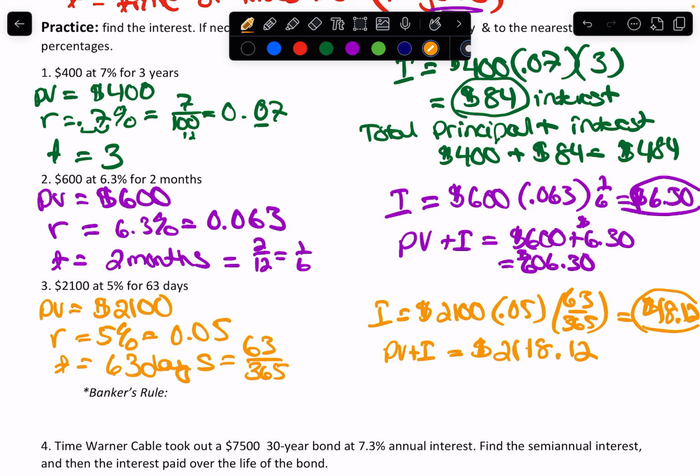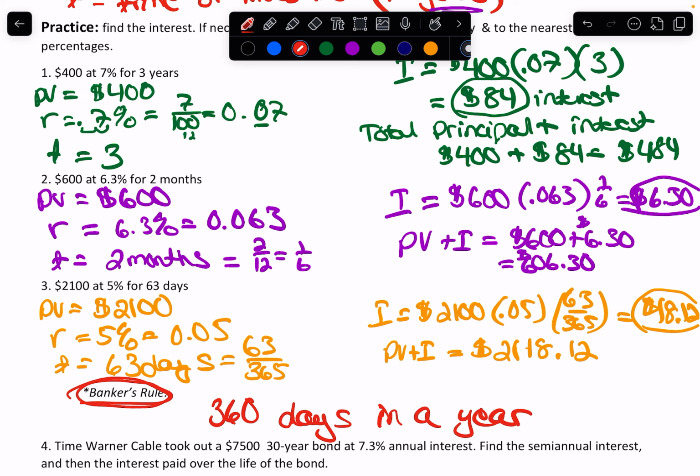Okay, now one thing we need to make sure of is what's called a banker's rule. So a banker's rule is that there are 360 days in a year. Like we did this calculation with 365, but normally when we do these calculations, we use the 360. So we use the banker's rule.